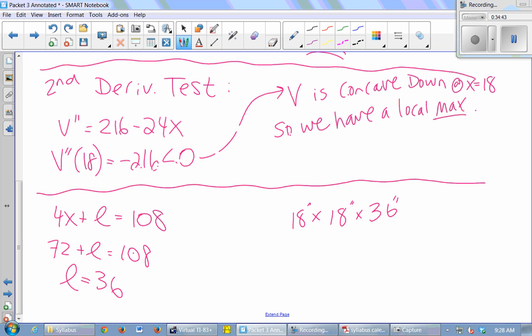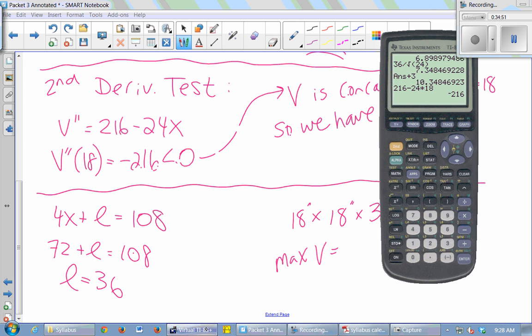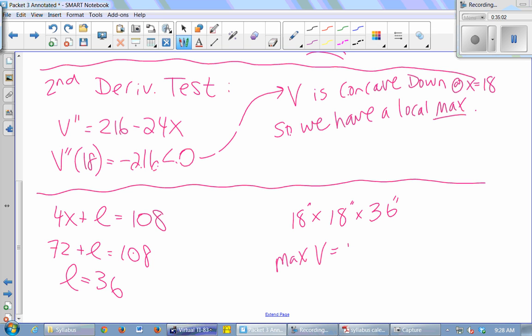And then the volume of this box I would get by multiplying those together. 11,664 square inches. Yes. Cubic inches.